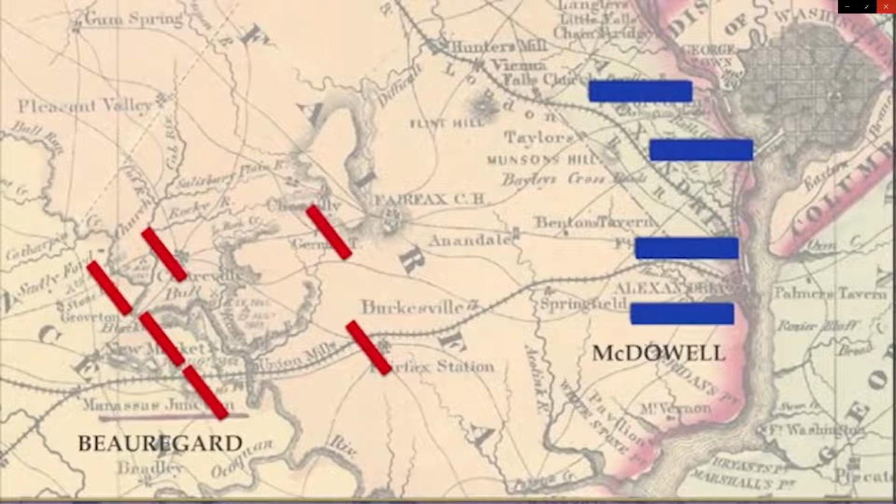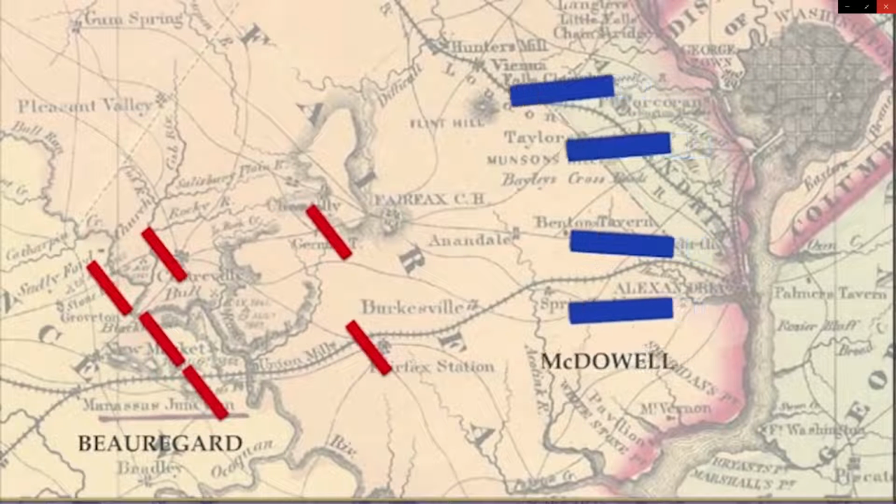In mid-July 1861, General McDowell pushed his army westward to confront the Confederate force.